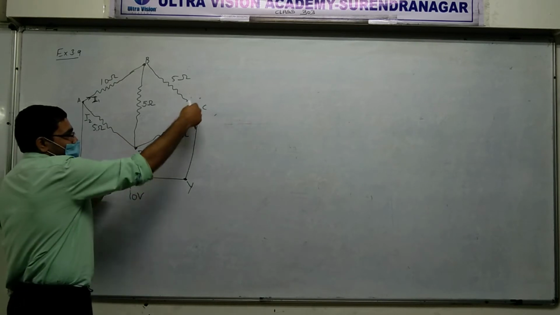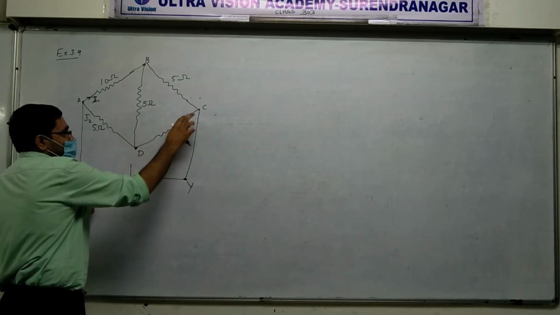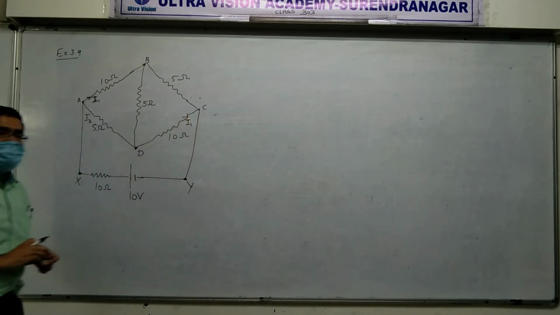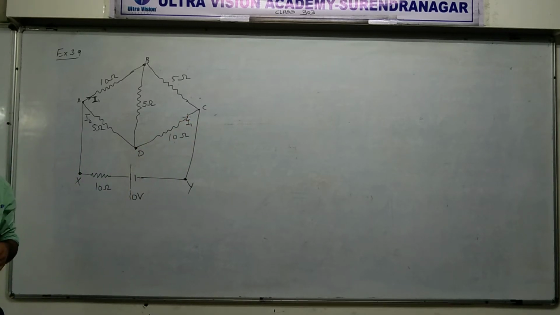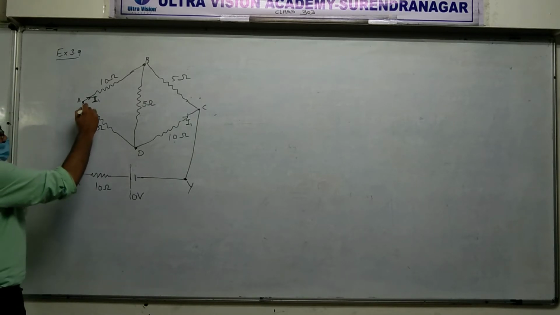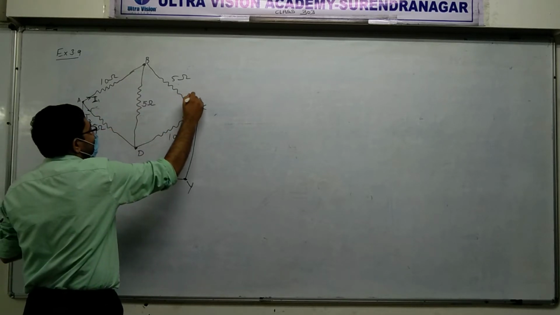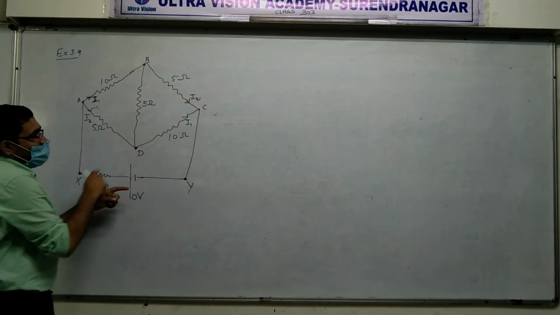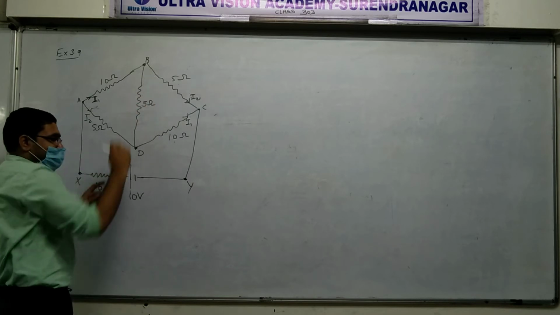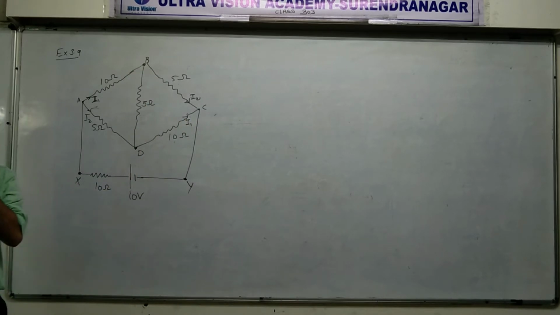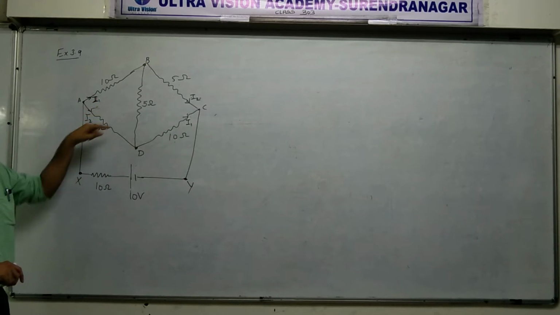So if the battery was this way, I1 would be flowing here, but if the battery is this way, then the I1 would be flowing from D to C. Did you get that? Okay, clear or not clear? Same logic applied to AD and BC. That is, if the battery would be the opposite way, I2 would go there. But if you turn it, then I2 would go from B to C. Clear? So we have already got 4.